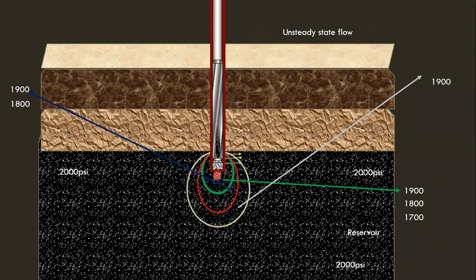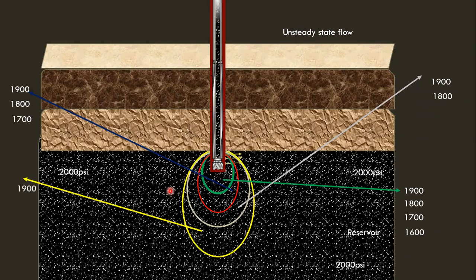In that way, if still more time goes by, it will progress further. The new one will have 1900 psi, the earlier one 1800, the one before that 1700, and the first one near the wellbore is 1600. So right now, from the drainage boundary to the wellbore, the pressure goes from 2000 psi to 1600 psi.